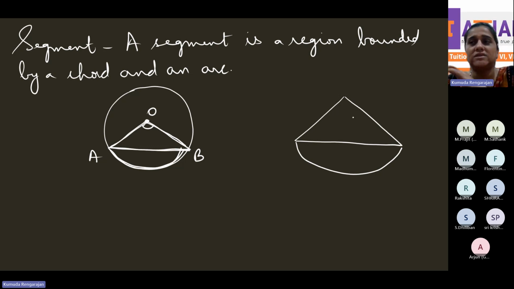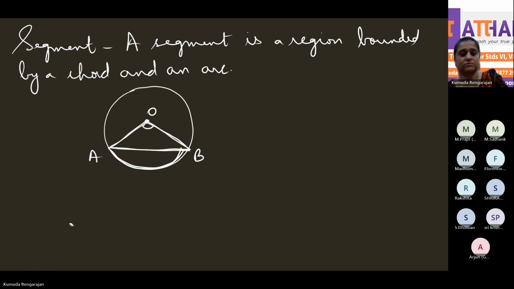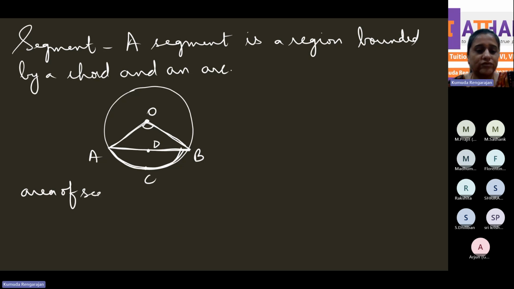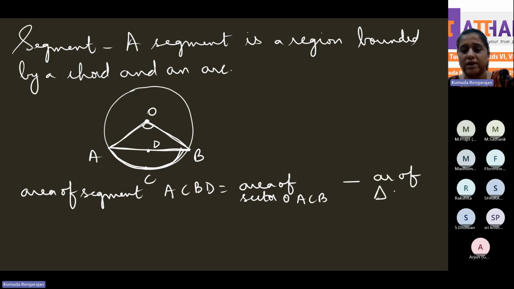So now we have to understand the different types of triangles we have in our syllabus. Okay, so coming to that. I'll just write in general: area of segment ACBD is equal to area of sector OACB minus area of triangle AOB.